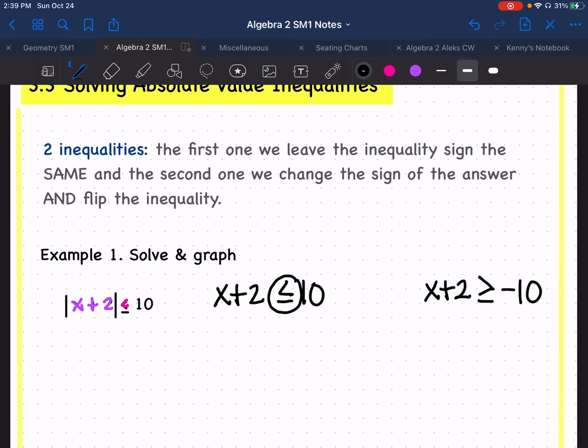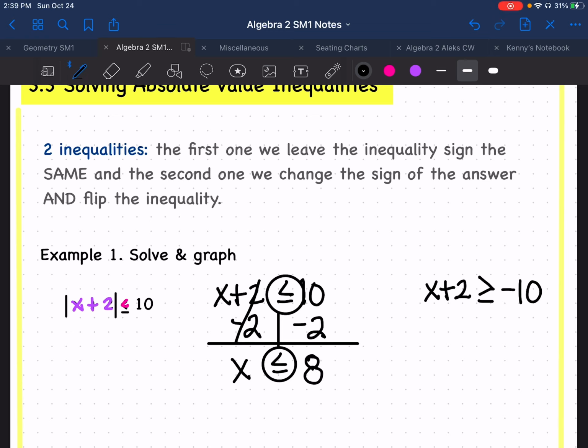Remember, your inequality can flip on you if you divide by a negative number. So to get this x alone, I would go ahead and subtract 2. This means our sign is not going to flip, and our first inequality is x is less than or equal to 8.